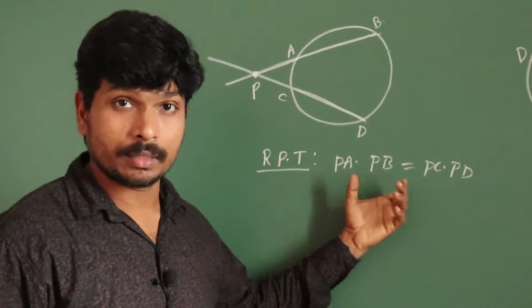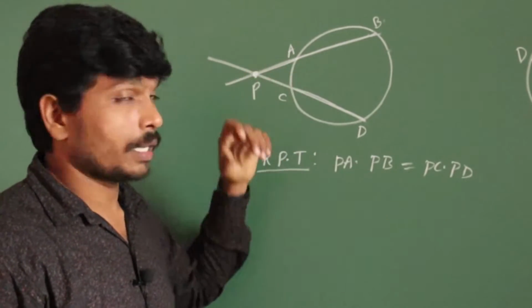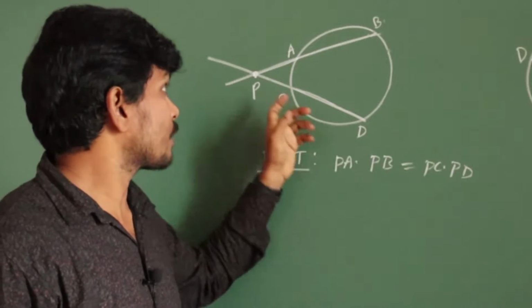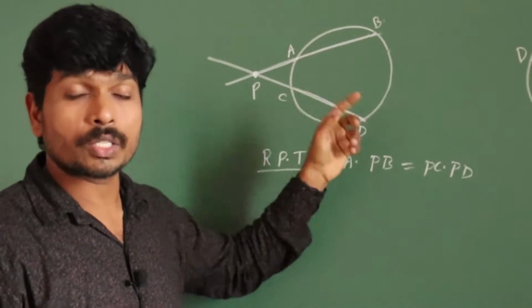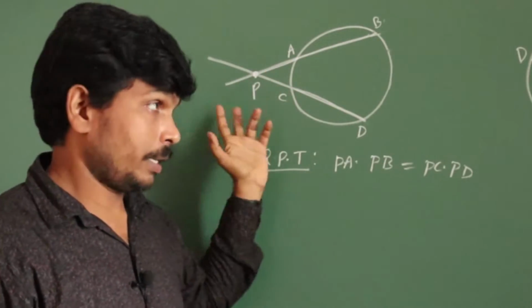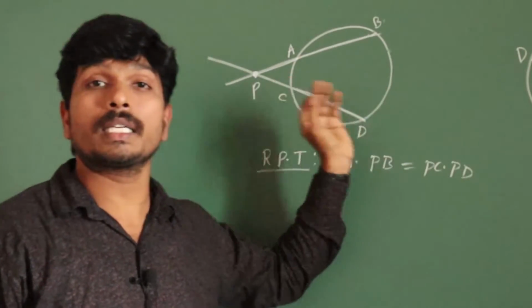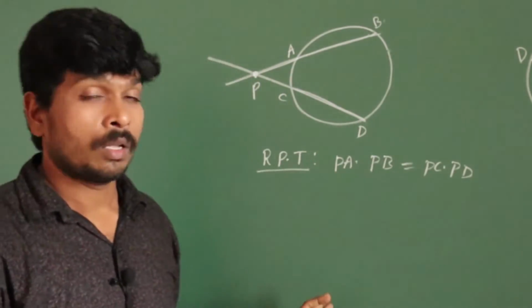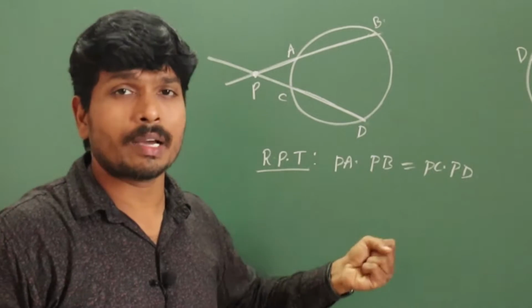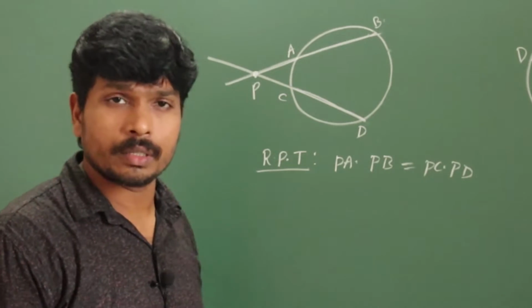This result is satisfied whether the chords intersect internally or externally. So try to prove it.